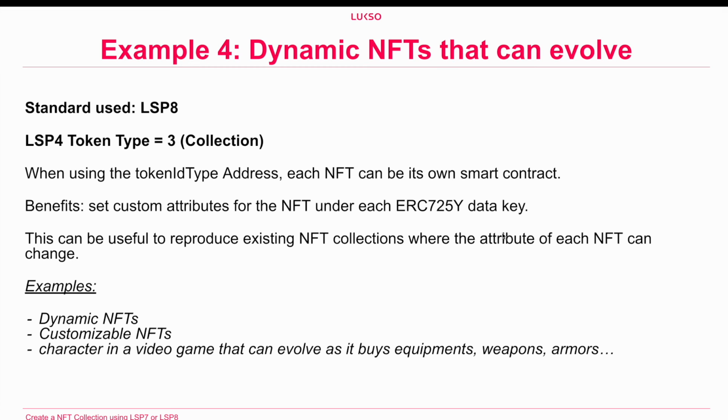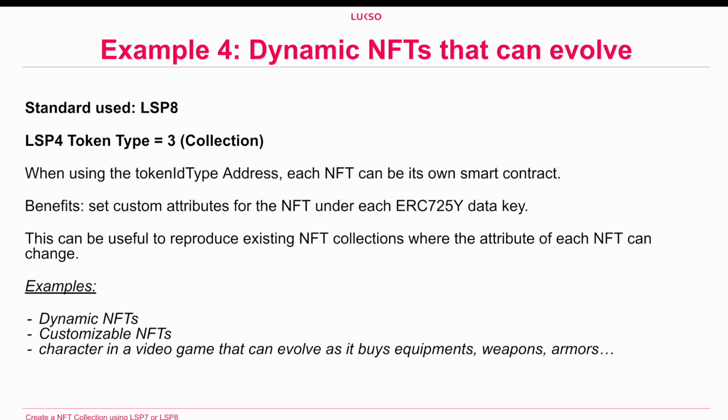This is very useful if you want to create an NFT collection where the attributes of the NFT can change. So you can create digital items or entities as NFTs that can evolve. And this is useful for things that you want to make customizable.